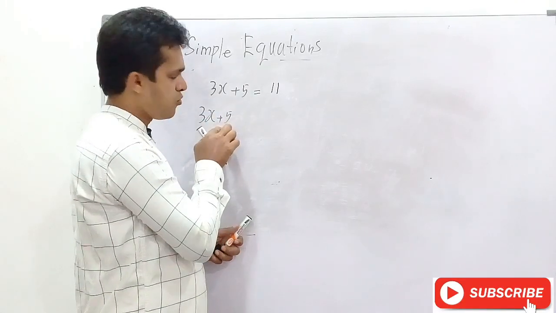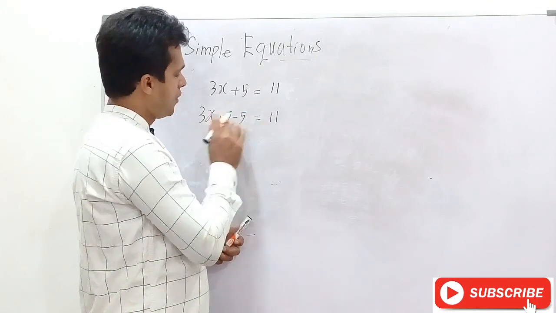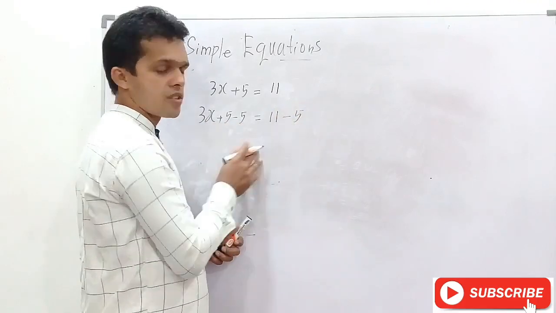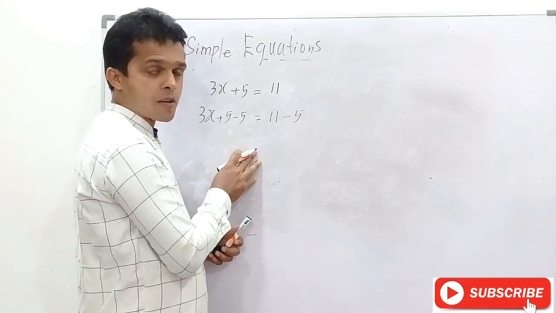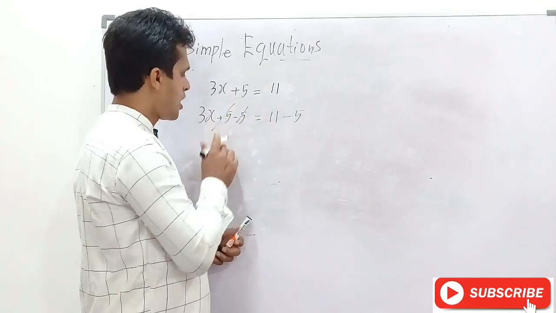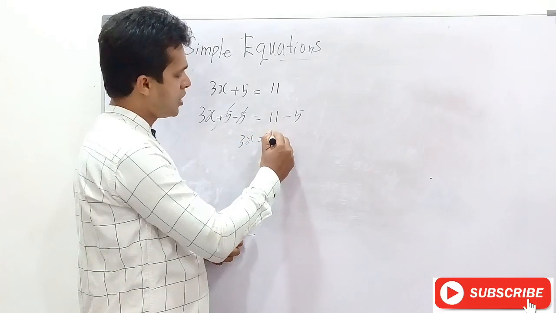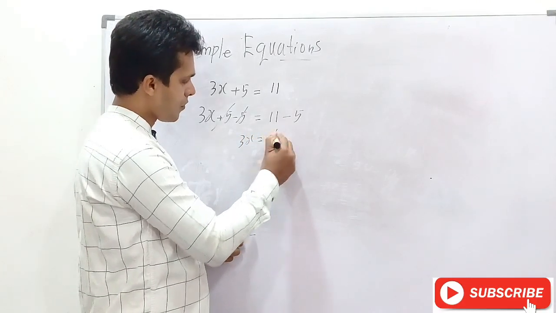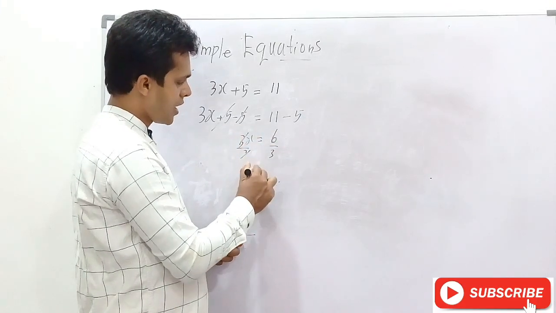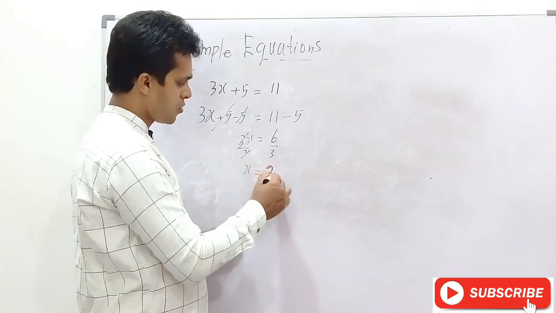If it is positive 5 here, then subtract 5. If it is plus 5, then minus 5. Subtract 5 from both sides. Simplify plus 5 and minus 5. 3x equals 11 minus 5, 6. Now both sides are divided by 3. So x equals 6 over 3 equals 2.